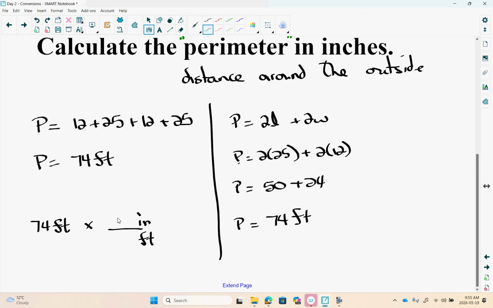How many inches are there in 1 foot? 12 inches in 1 foot. 74 feet times 12 inches in 1 foot. The feet will cancel. And then I'm just going to go 74 times 12.